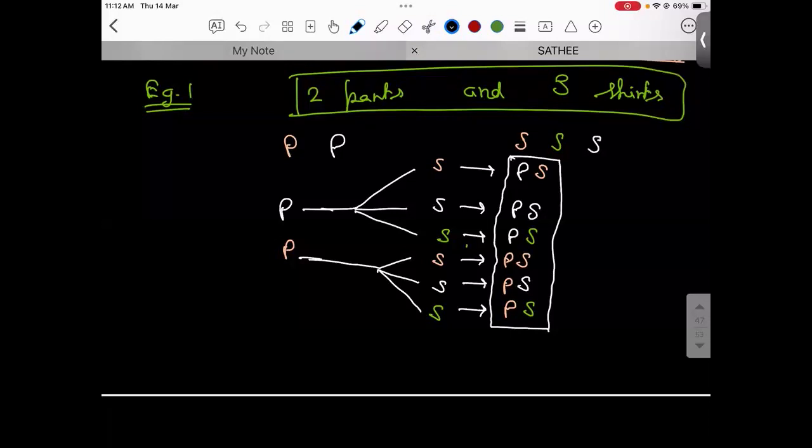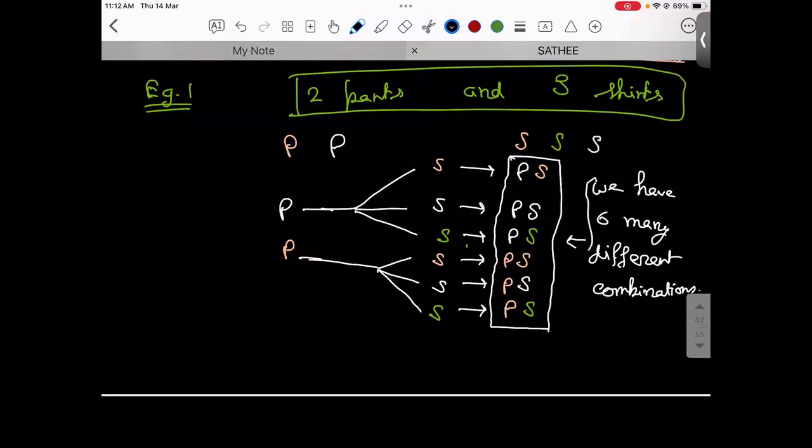So we have 6 different combinations. Fine. From here I can see this clearly.